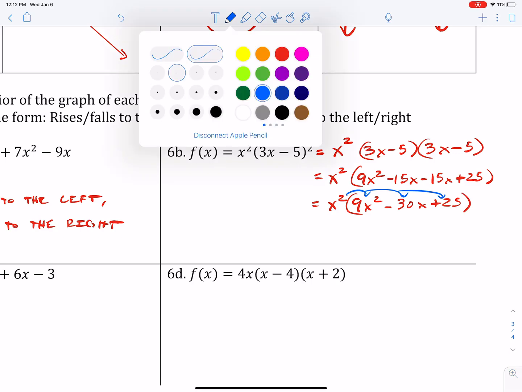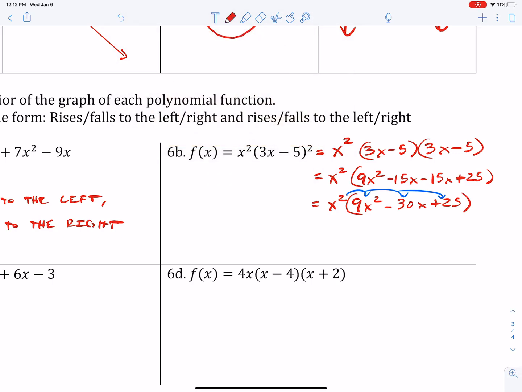This is where you have to remember the properties of exponents lesson that we utilized. When the bases are the same and we're multiplying, you add the exponents. Bases are the same. I get 9x to the 4th power. I have to add the exponents. Minus 30x cubed. There's a 1 as an exponent above that x, right? And then plus 25x squared.